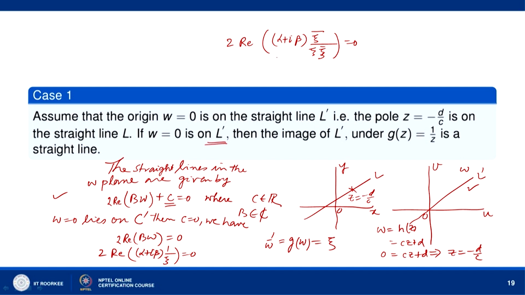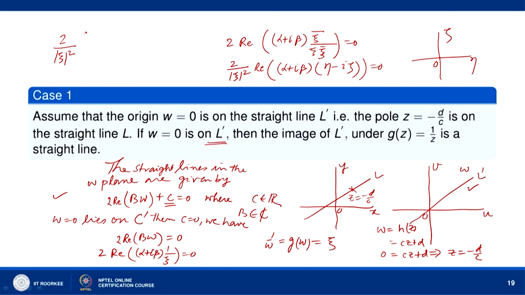Xi conjugate over |xi|^2 comes out of the real part. So, we have 2 times |xi|^2 and the real part of (alpha + i beta)(eta - i zeta). This is your xi plane, eta zeta. Now you can see the real part, if you take, it will give you 2 times |xi|^2 times (alpha eta + beta zeta).